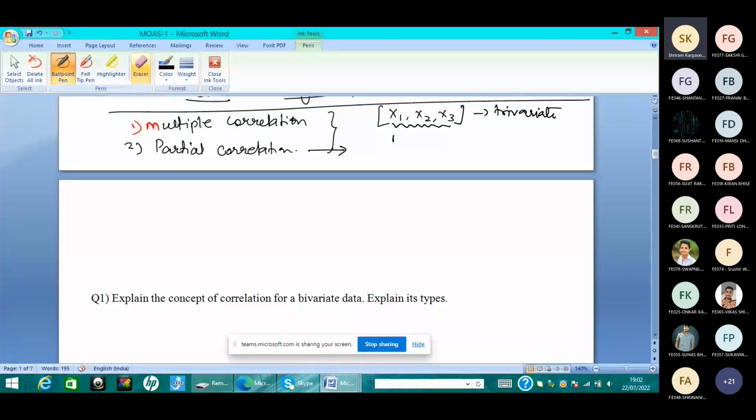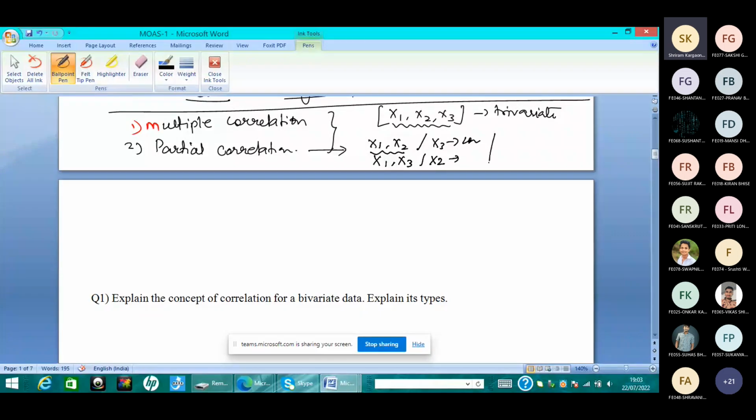And partial correlation, when more than two variables are there, but we are considering only two variables. Suppose x1 and x2 is studied and x3 is kept constant. This is the partial correlation between x1 and x2 keeping x3 constant. Similarly, you can study the relationship between x1 and x3, keeping x2 constant.